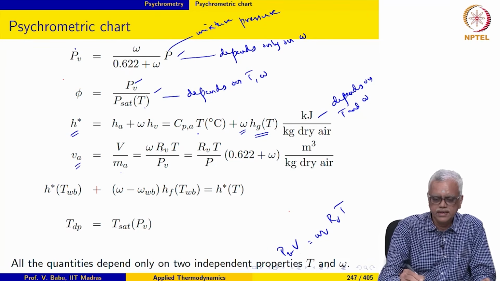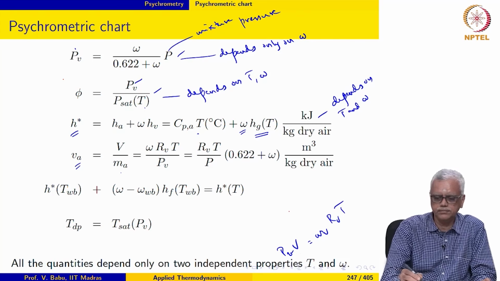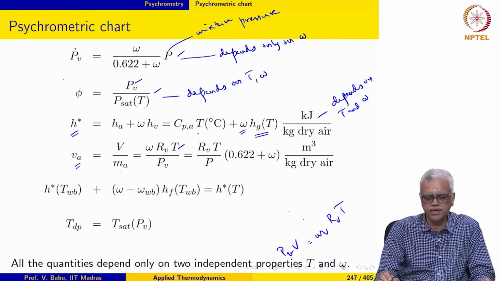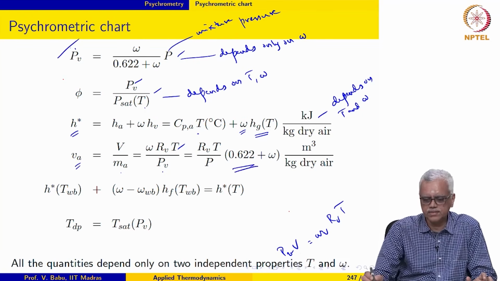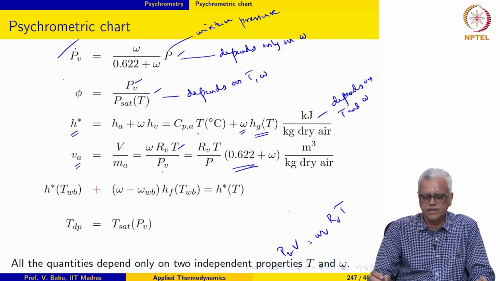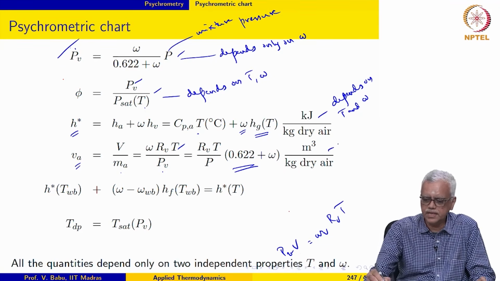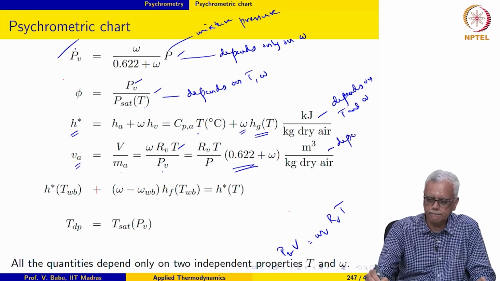And if you do that, it then simplifies to omega times RV times T over PV. And if I replace PV in favor of omega using this relationship, I get finally something like this. And as you can see, VA depends on T and omega clearly.